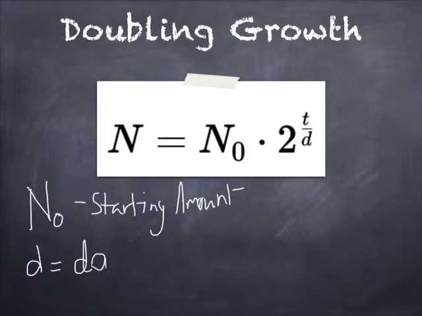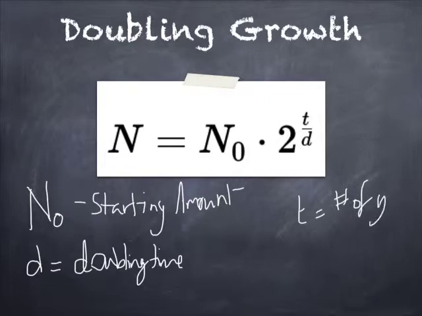So this is the doubling time. Our final amount, n, after t years, is given by this equation. So t is the number of years. And it's n equals n sub 0, my starting amount, times 2 to the t over d power.